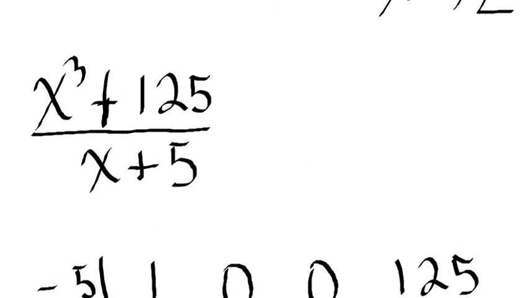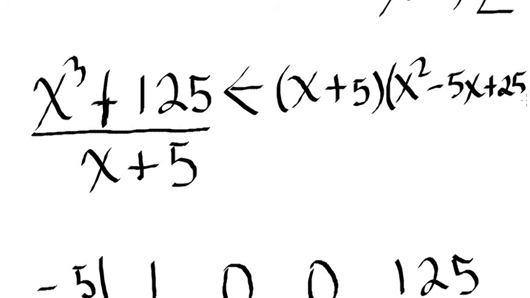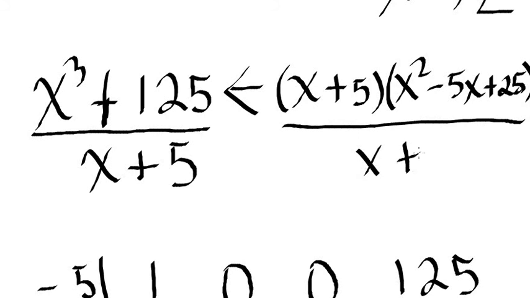Remember when we were factoring binomials, remember what it factored to? It was x plus 5 times x squared minus 5x plus 5 squared, which was 25, all over x plus 5.